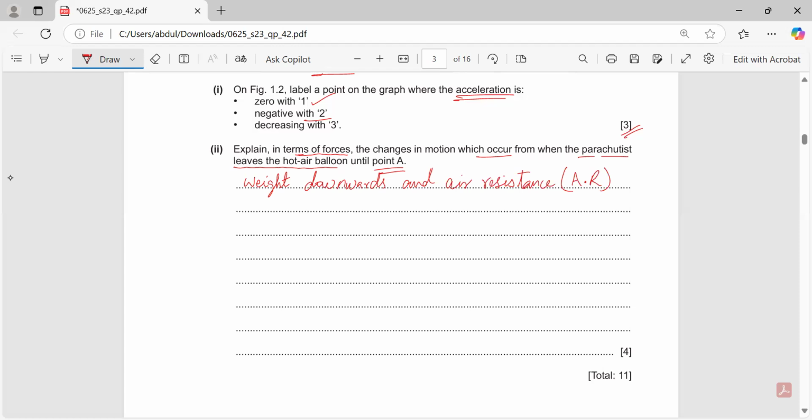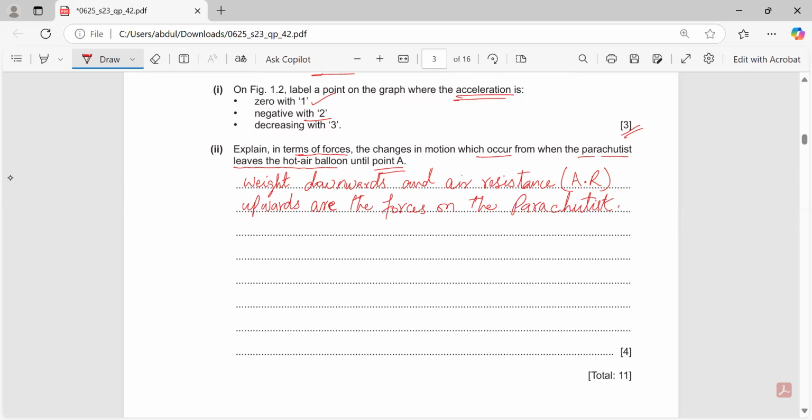Further in the question I will denote air resistance by AR. Air resistance upwards. These are the forces on the parachutist.